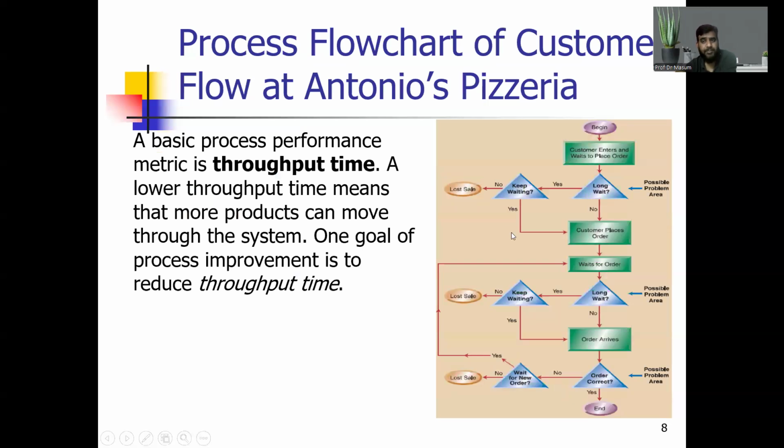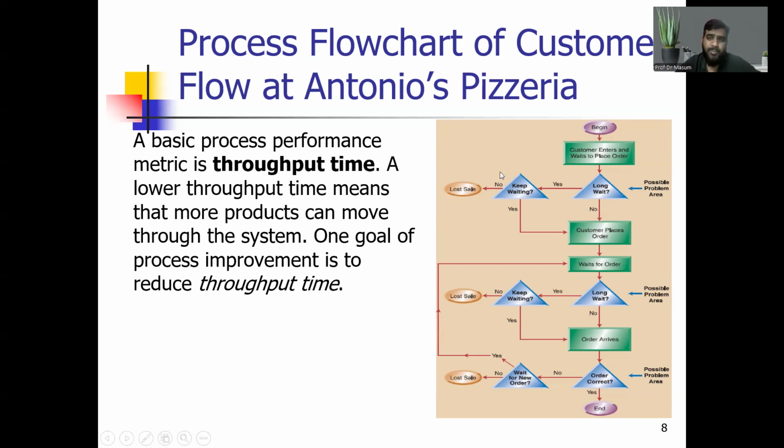When you are manufacturing a product from beginning to end, you will check the metrics, whether your production is going smoothly or whether interruptions are there, possible problem areas. So you have to check it thoroughly.